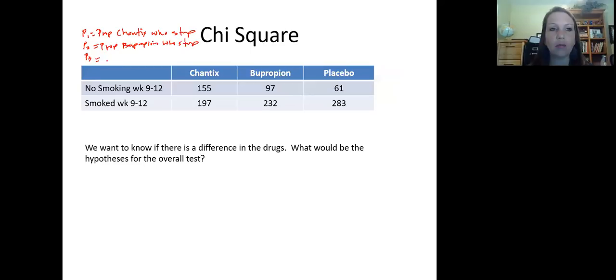And P3 could be the proportion of the placebo users who would stop smoking. So if we think of this as three proportions that we're comparing, then one way we could write the hypotheses are null hypothesis P1 equals P2 equals P3. And alternative hypothesis is that at least one P is different.